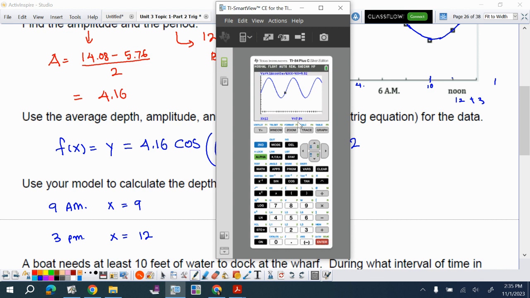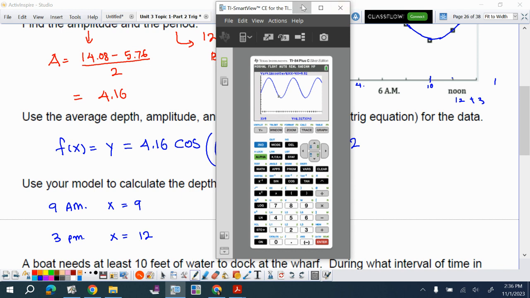And that shows you the height of the water, 7.84 feet at 3 p.m. At 9 a.m., again, second end, trace, number 1, press 9, gives you the answer. There are so many different ways you can find this value. You can also go back on the home screen and find the answer.